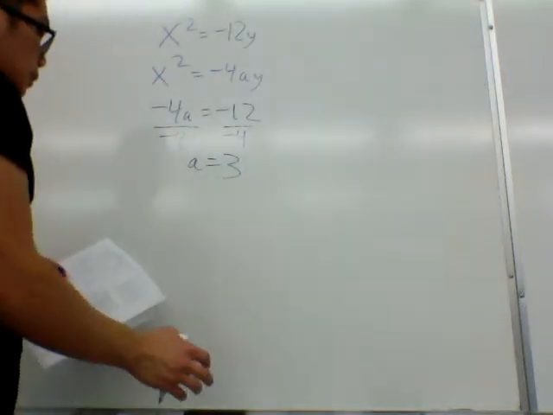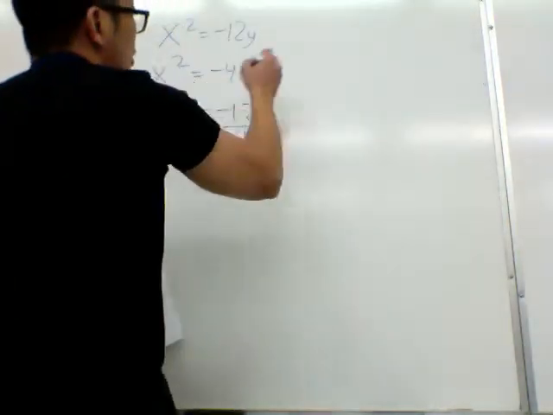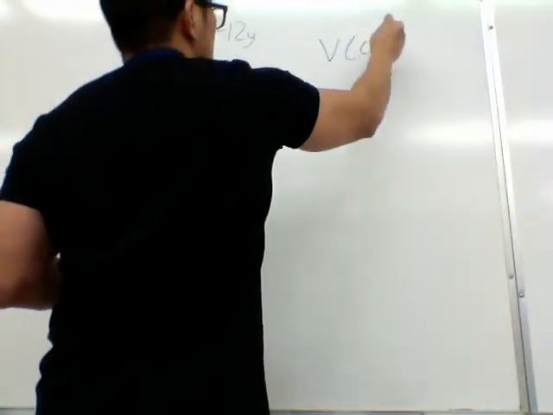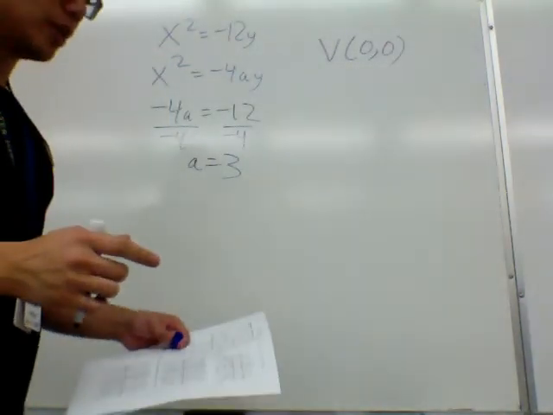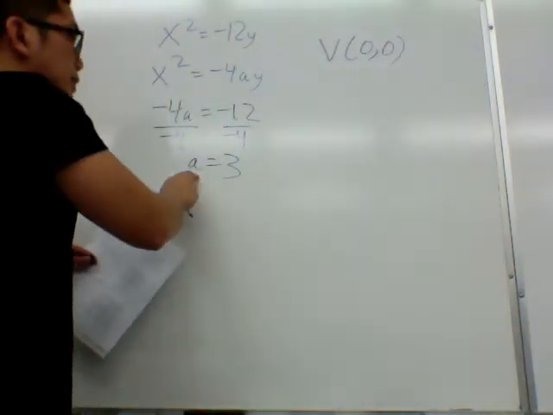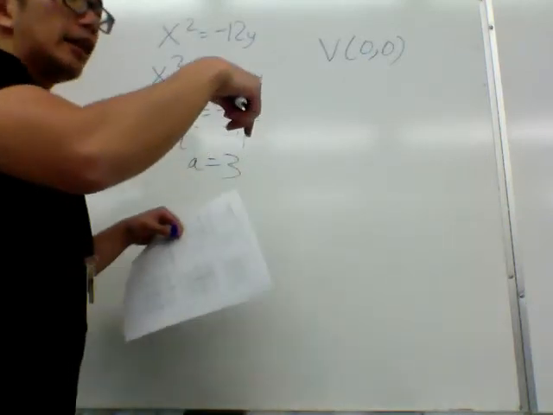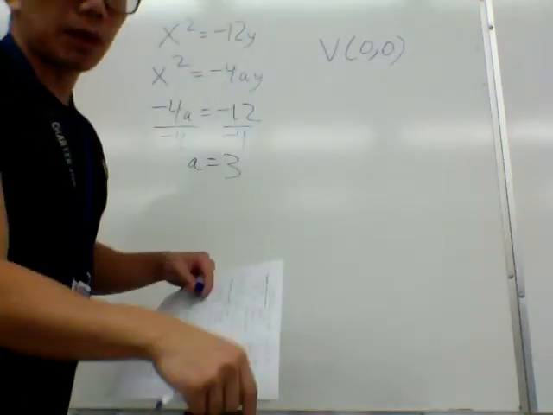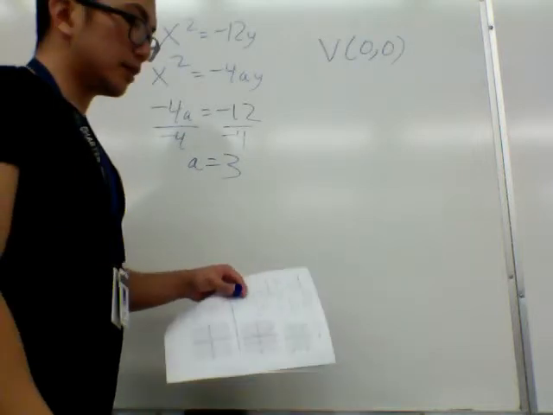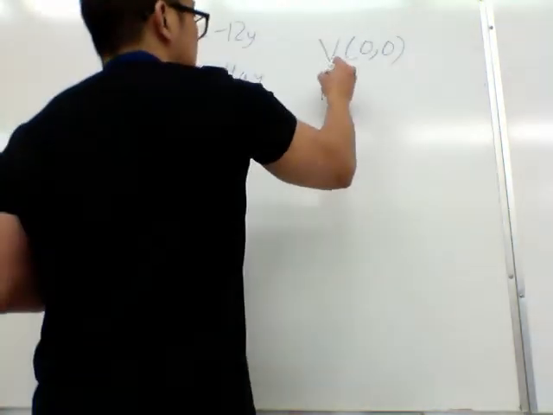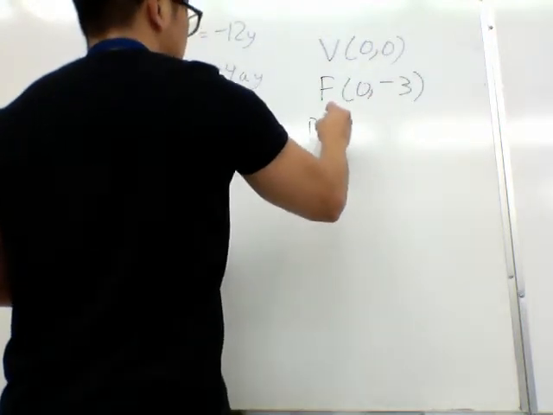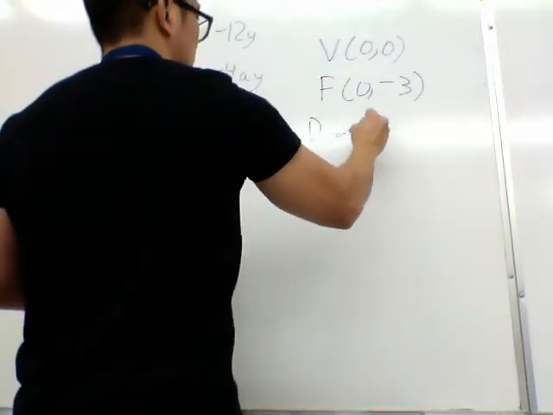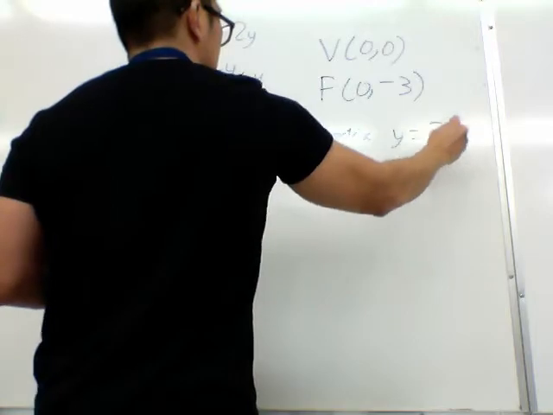So now I know a couple of things. I already know it's in this form, so my vertex is at the origin. Remember, all of these equations only work for the vertex being at the origin. Since a is 3, and if you look at case 4, the focus is below the vertex. So that means my focus is at 0, negative 3. And then my directrix is going to be at y is equal to 3.